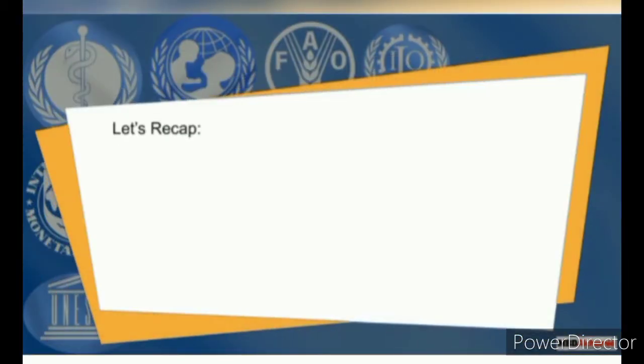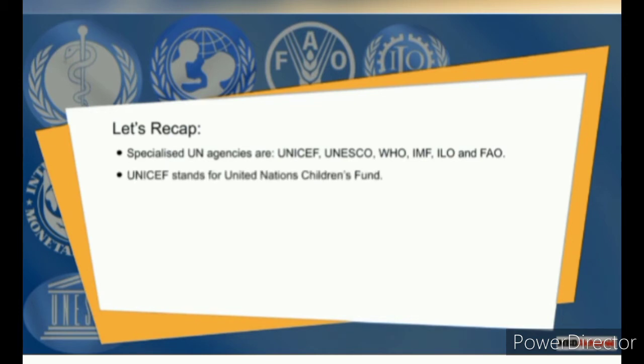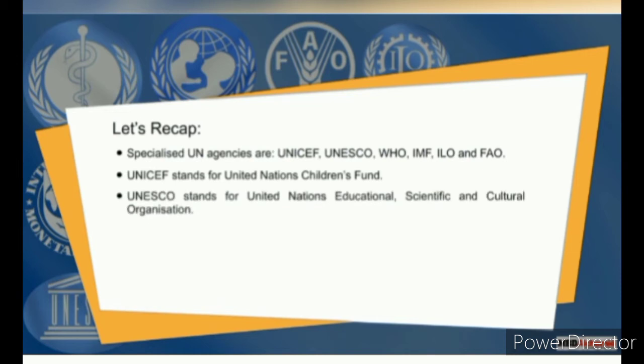Let's recap. Specialized UN agencies are UNICEF, UNESCO, WHO, IMF, ILO, and FAO. UNICEF stands for United Nations Children's Fund. UNESCO stands for United Nations Educational, Scientific, and Cultural Organization.